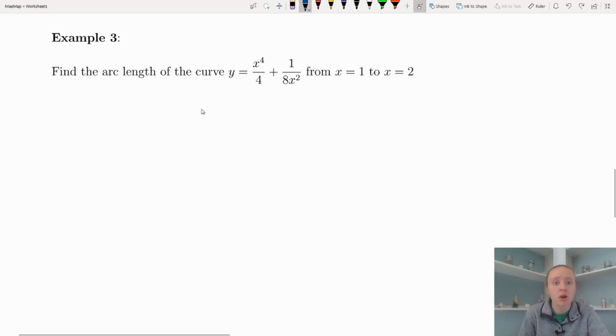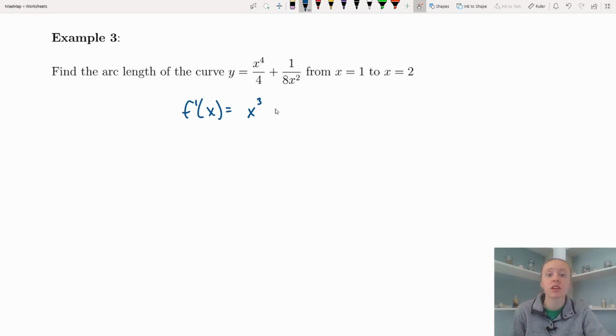So y prime, or f prime of x, is going to equal taking the derivative of x to the 4th over 4. That's going to be x cubed, because when we bring that 4 down in front and subtract 1, 4 over 4 times x to the 3rd is x to the 3rd, plus taking the derivative of 1 over 8x squared, pulling that 1/8 out in front, this x squared is like x to the negative 2.